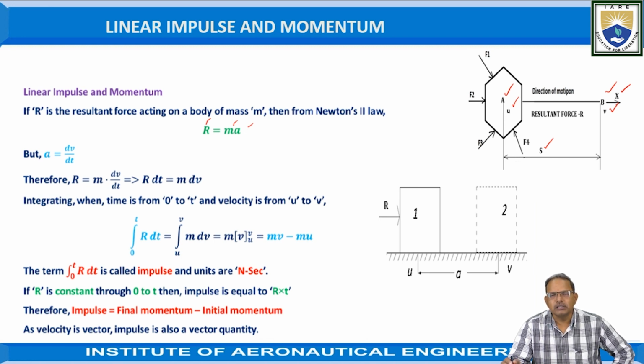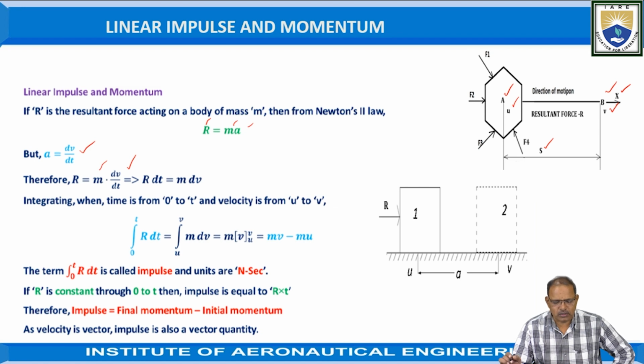But acceleration is the rate of change of velocity, hence it can be written as dV by dt. In other words, R is equal to M into dV by dt, or R into dt is equal to M into dV.